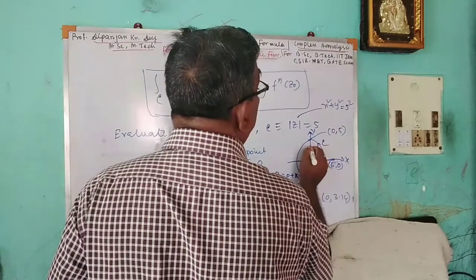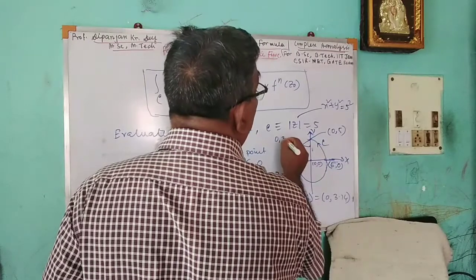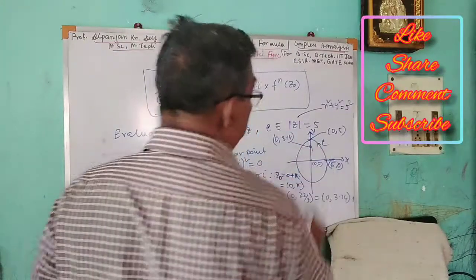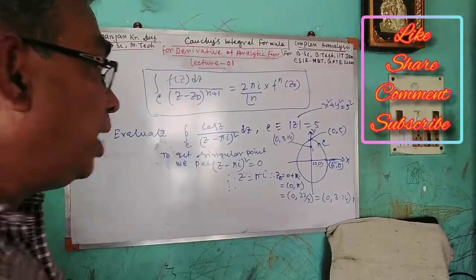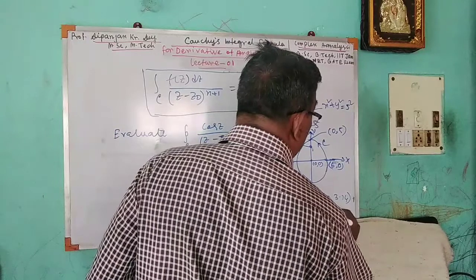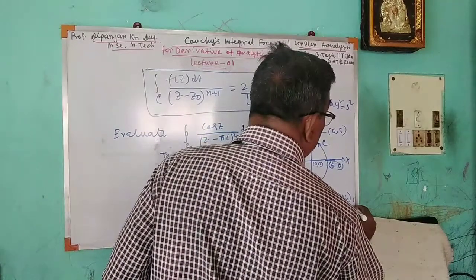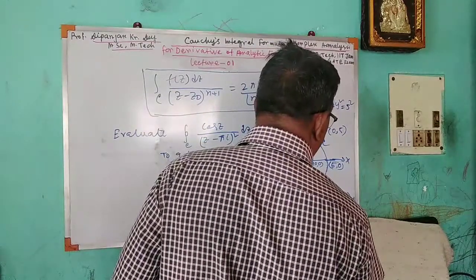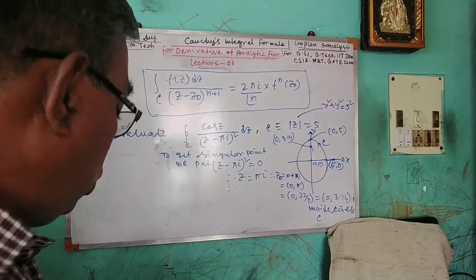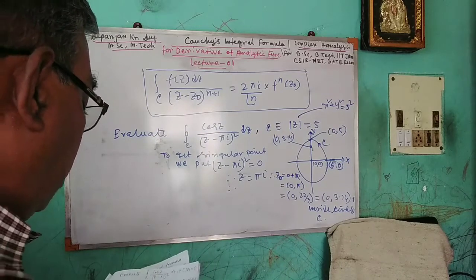This point is known as 0 comma 3.14. So this is inside the circle, inside closed curve C. So this point is inside closed curve C.